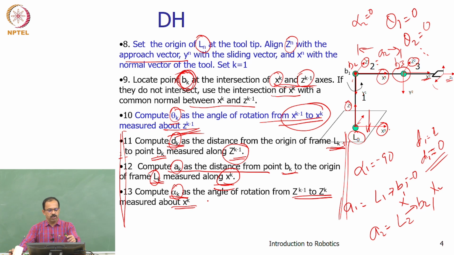This way you will get all the 4 parameters associated with each joint, and depending on the number of joints you will get 4 by n parameters associated with the manipulator. That is the first step in getting the forward kinematics of this manipulator.